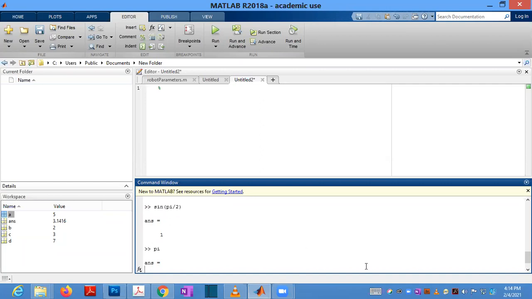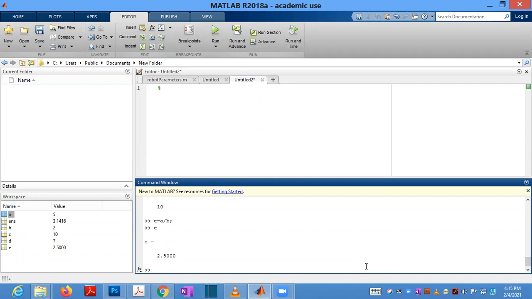You can do addition, multiplication, division, all the things. A is equal to 5 and B is equal to 2. C is equal to A multiplied by B. A star B you can use for multiplication. For division, you can use A divided by B, and E will be displayed like this.